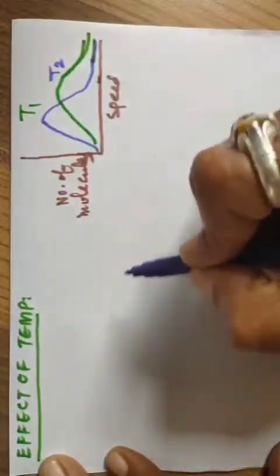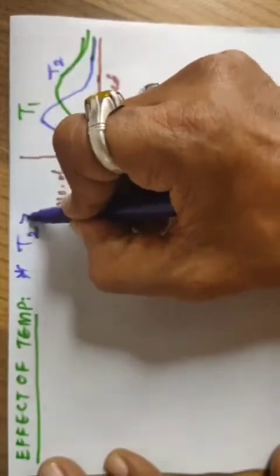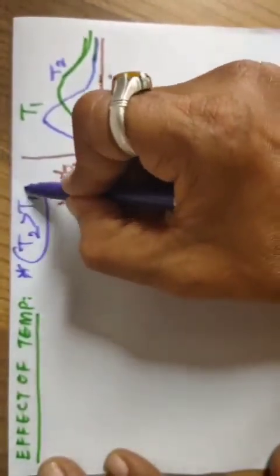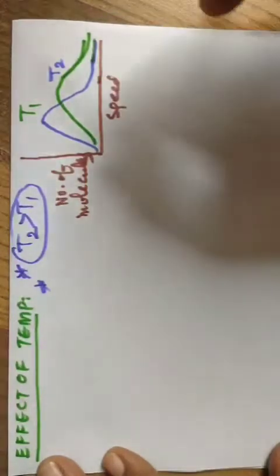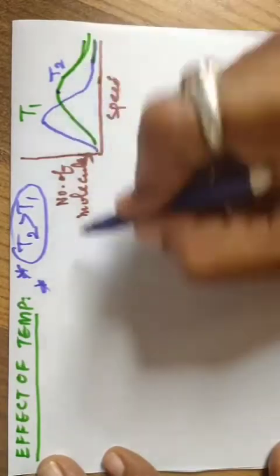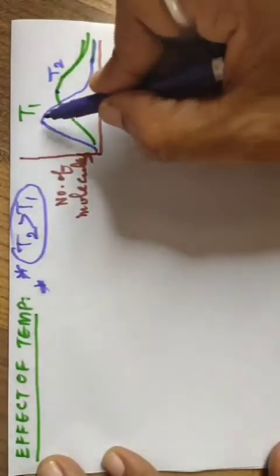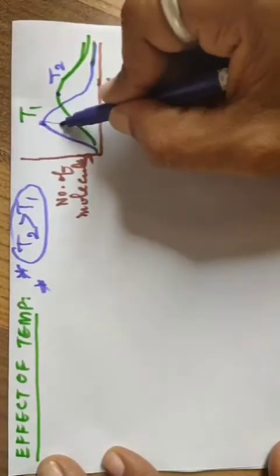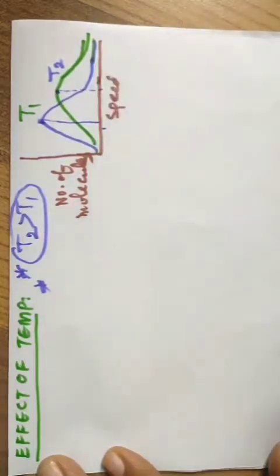The relation between T1 and T2 is T2 greater than T1, one crucial point from a competitive point of view. And how will be the graph? As temperature increases, the peak of the graph is shifted. This is the peak of the graph at velocity v1, and this is the peak of the graph at velocity v2.